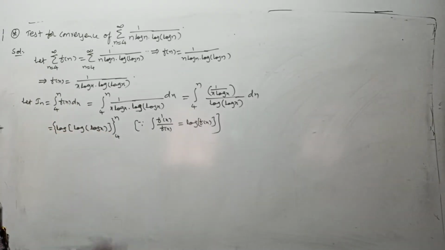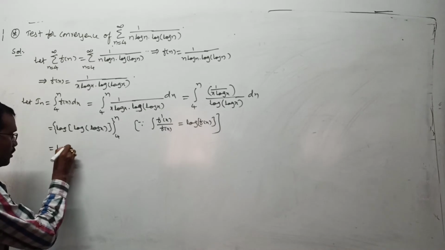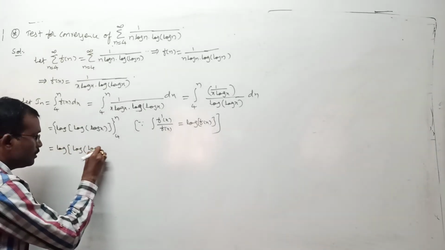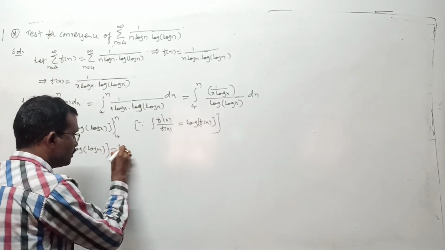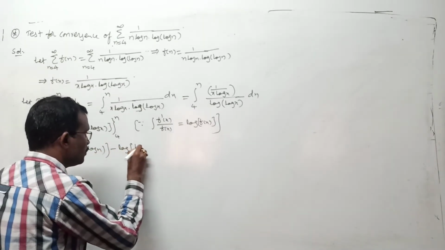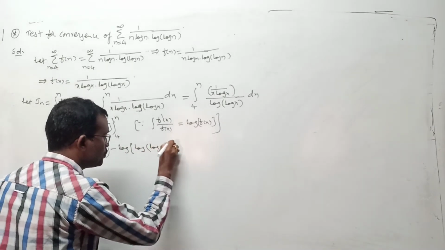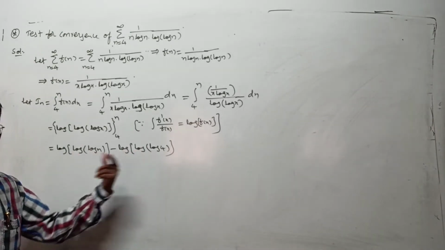Now here use the upper bound and lower bound. Then this is what? Upper bound gives log of log n. This is the upper bound, minus log of log 4. This is the lower bound, right? Again log m minus log n is log m by n.